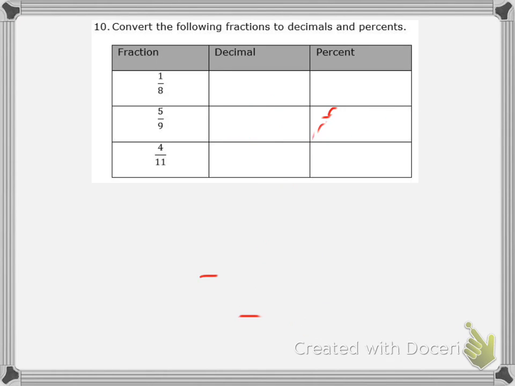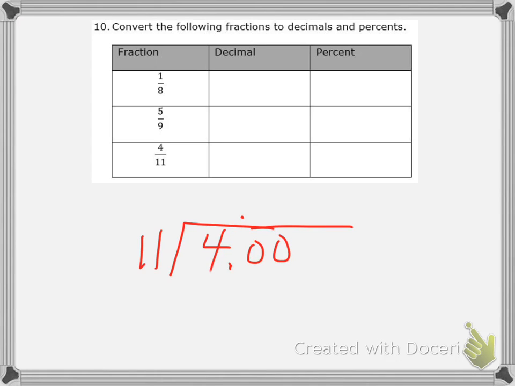4 elevenths is another one. You need to divide. 4 divided by 11. So 11 does not go into 4. Does it go into 40? Yes, 3 times, which would give us 33.